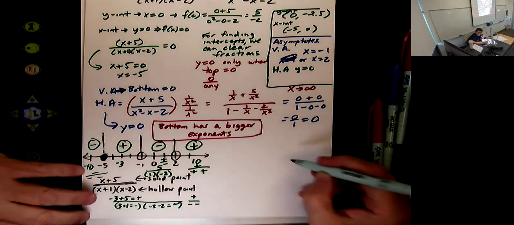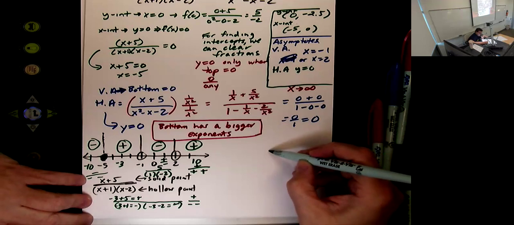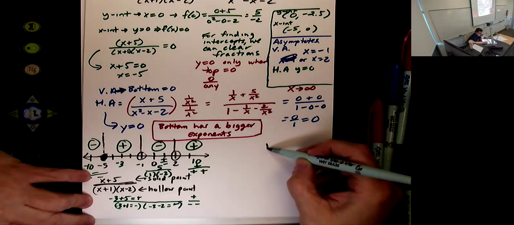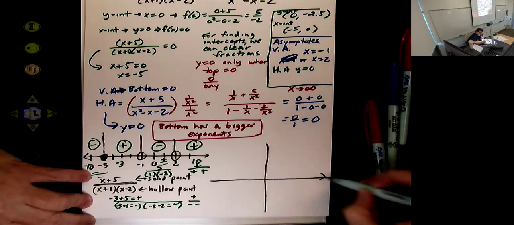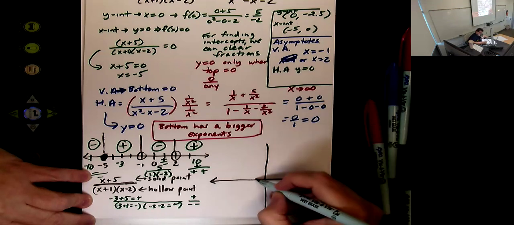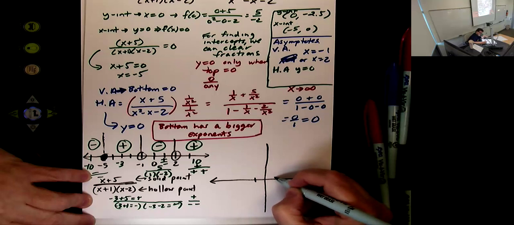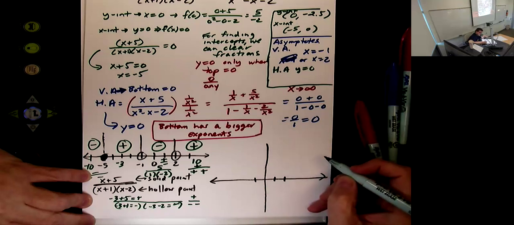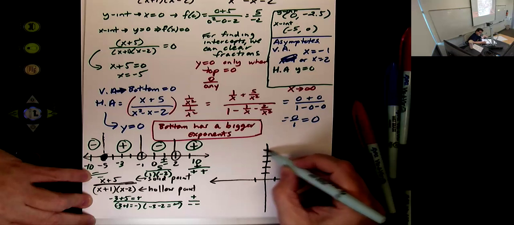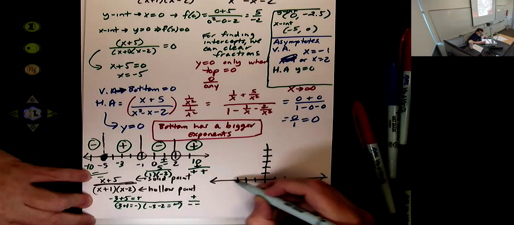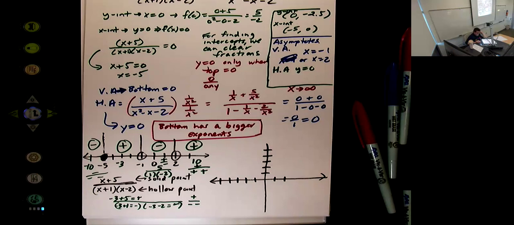All right, I am going to draw my axes, and at least where all my asymptotes and y-intercepts are.